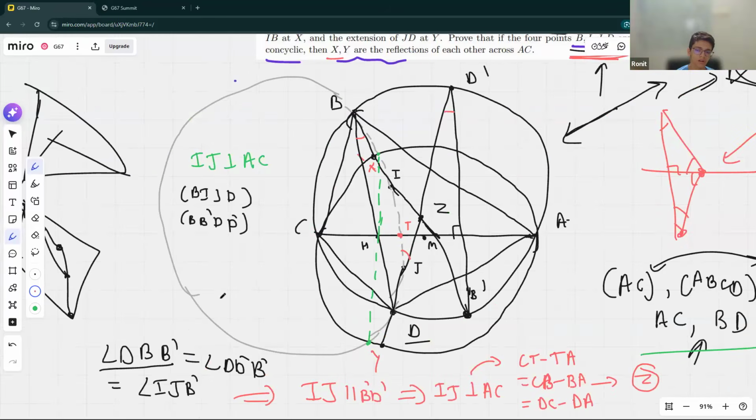Actually, I feel it might not be true. Now, what can we have? We want to prove X and Y are reflections of each other. How can we proceed now?